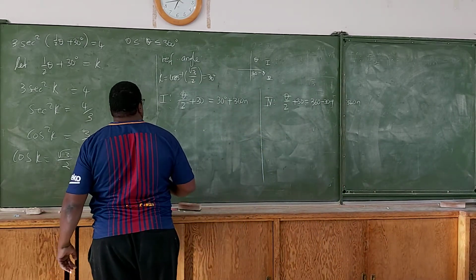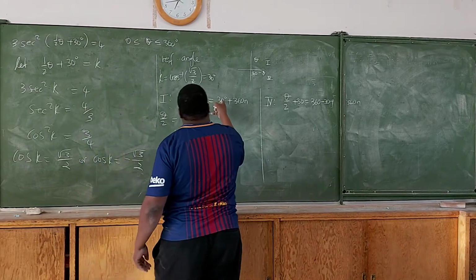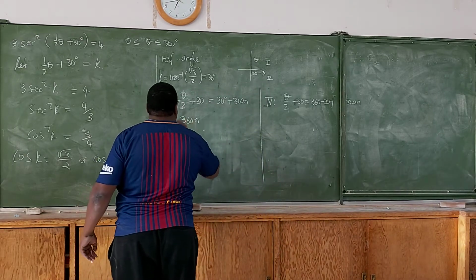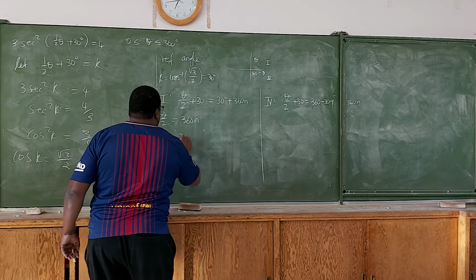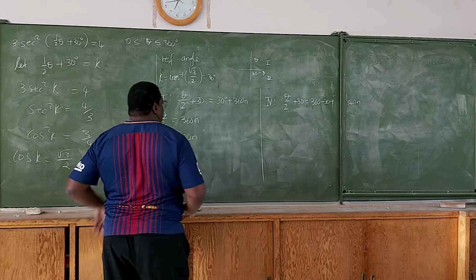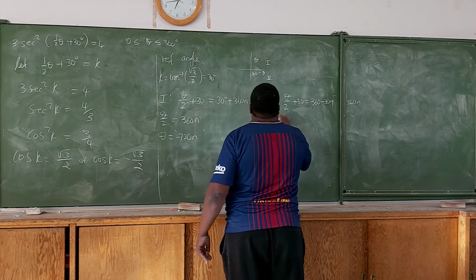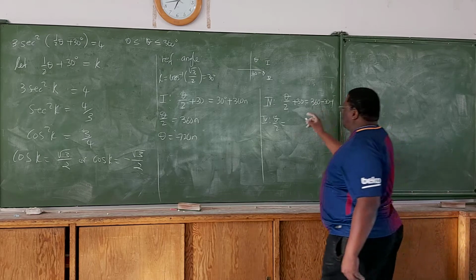First, can we do that? Yes. That over there equals, take the 30 over, you subtract. So it just gives me 360 n. Then theta equals 720 n. It's general. Theta over 2, taking that over, becomes 330.